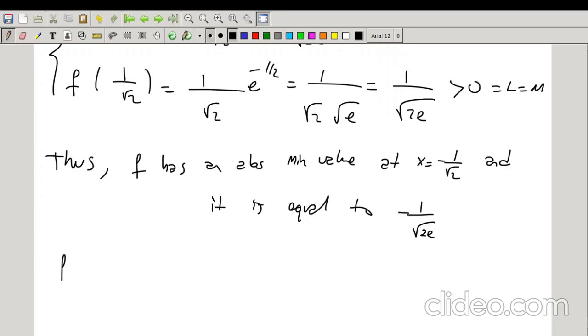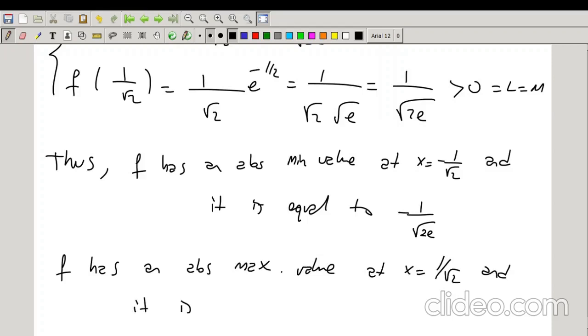And f has an absolute maximum value at x equal to 1 over square root of 2, and its value is equal to 1 over square root of 2e.